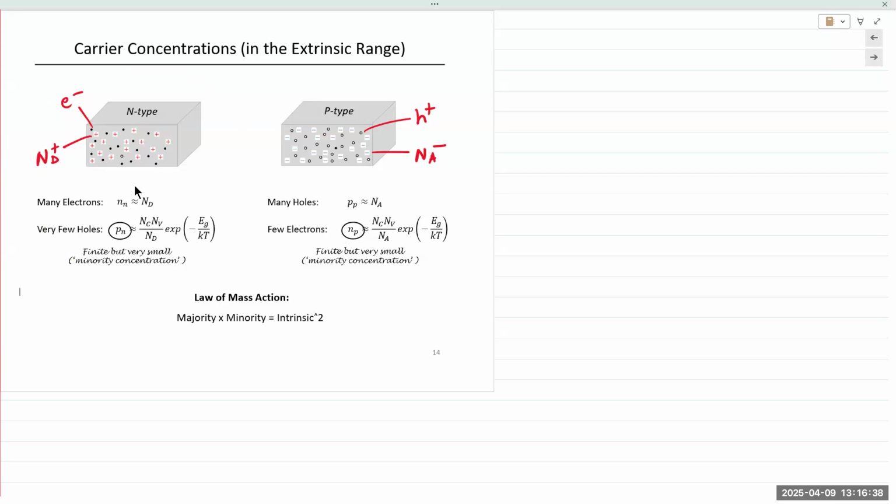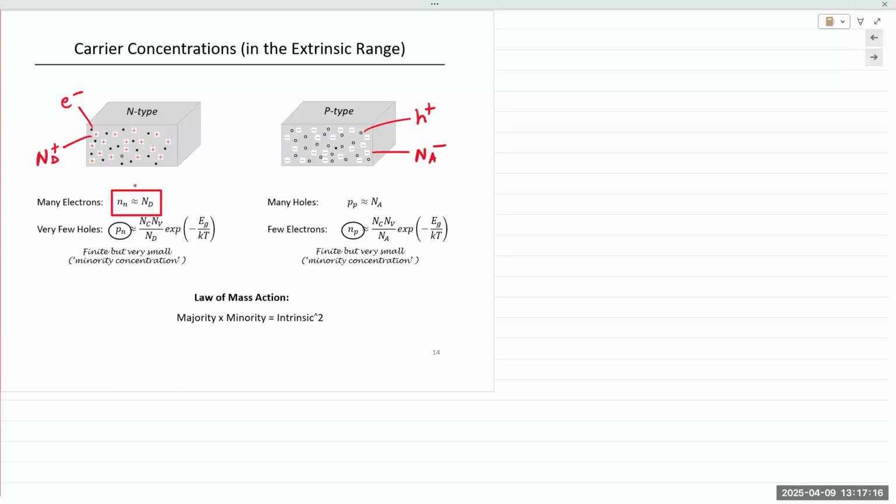But the total electrons will actually be the extrinsic electrons plus the intrinsically generated electrons. Okay, but because the donor atoms are large in number, they overpower the number of the intrinsic electrons. Okay, and that's why we can state that the number of electrons in an N-type material is approximately equal to the donor atoms. Compared to the number of donor atoms, the intrinsically generated electrons are very few in number.